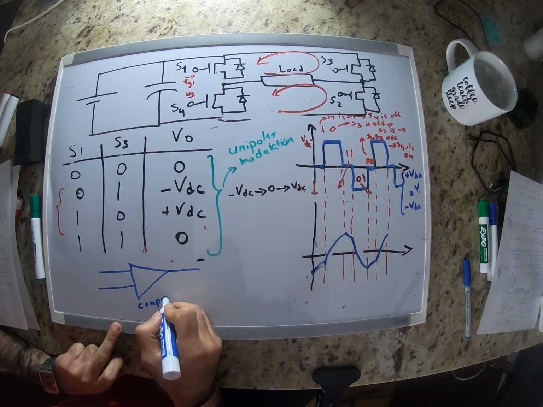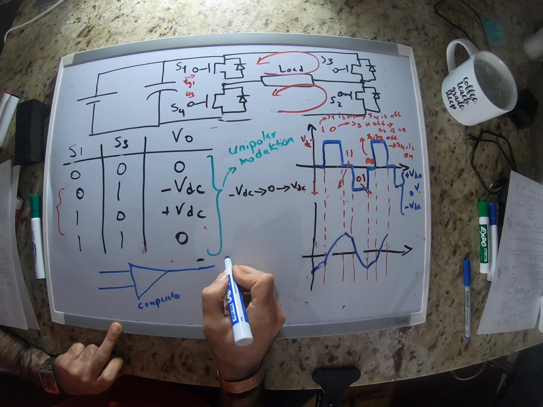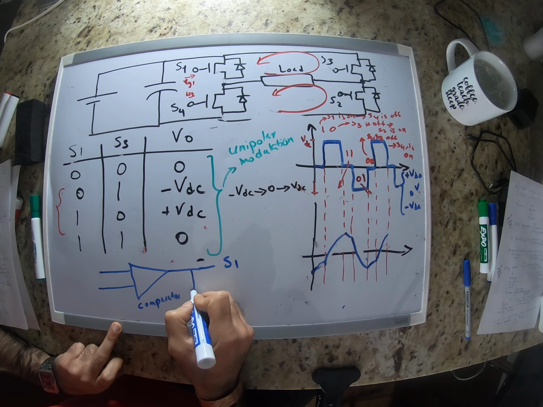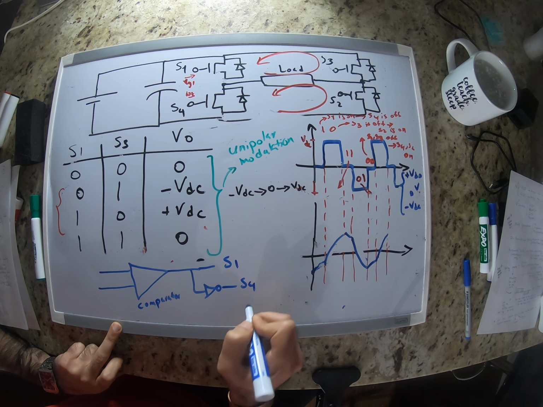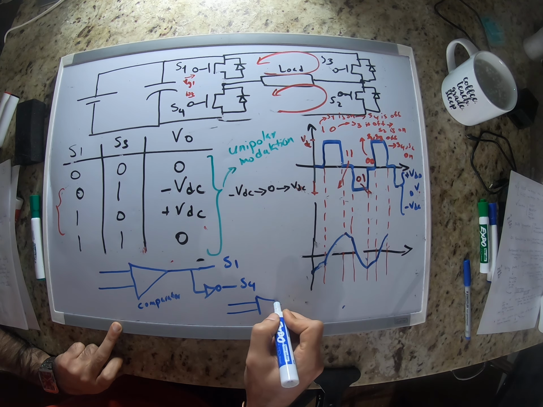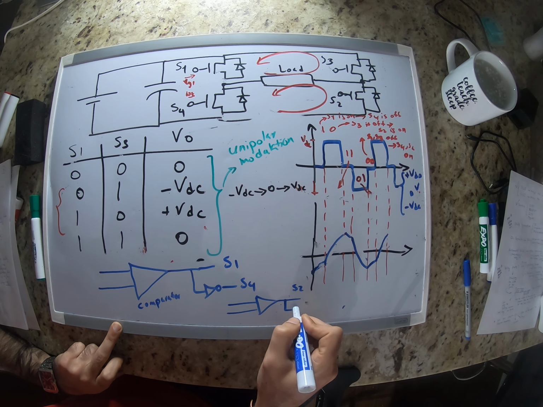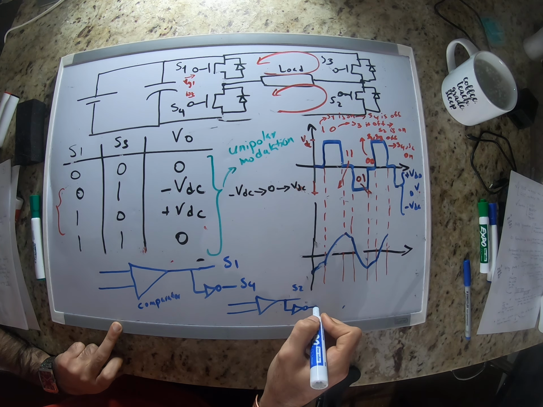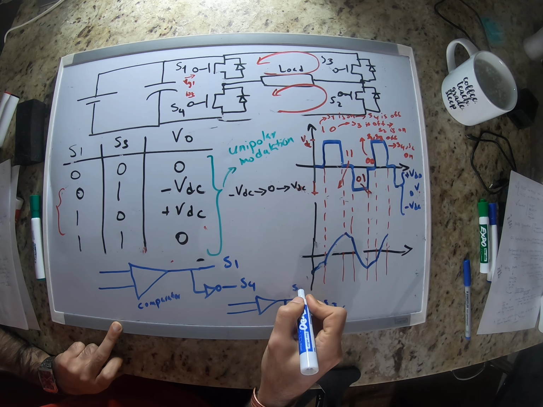We have a comparator, we have switch 1, and complementary of that would be switch 4, and we would have another one for switch 2, and complementary of that would be switch 3, or switch 3 and 2, sorry.